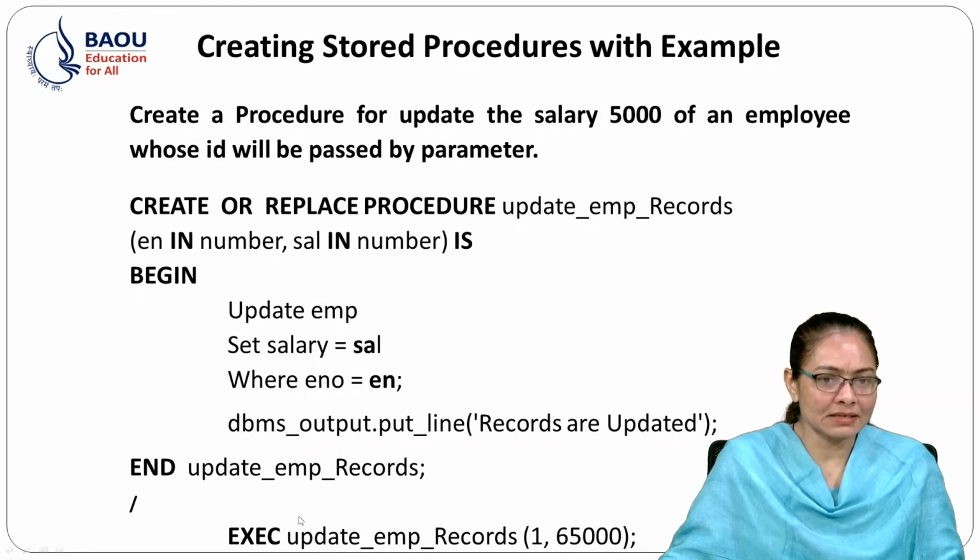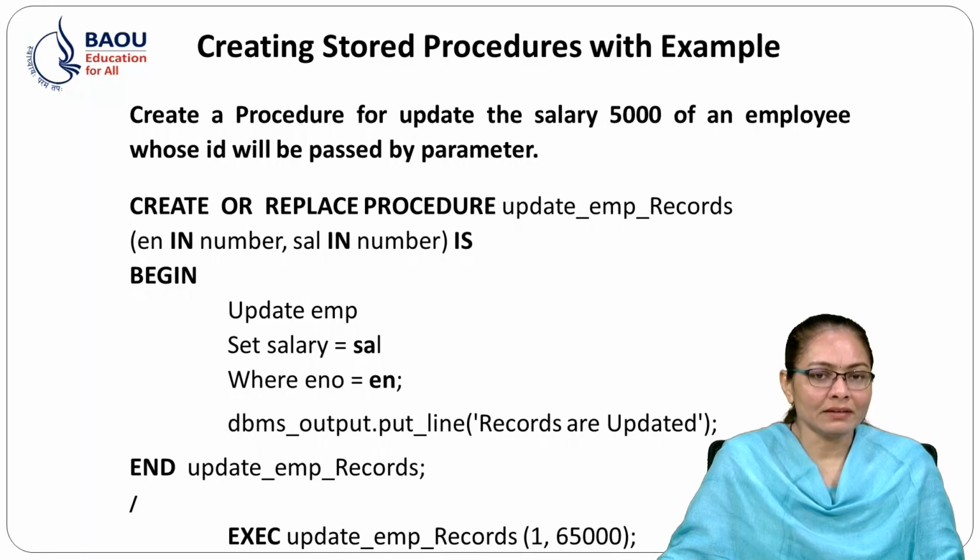EXEC is an executable command and this is the procedure name. In the brackets 1, 65,000 are the parameters. See, 1 is passed to EN and 65,000 is passed to the salary. So 1 is matched with the employee number column and the 65,000 value is matched with the salary column.